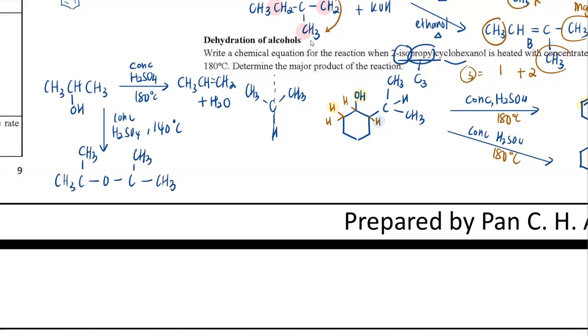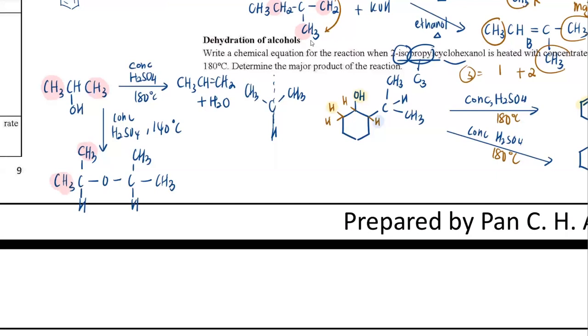Like this is CH3, and then hydrogen. So the OH bond is not fully broken, and it leaves oxygen bound to this carbon, forming this C-O-C bond.